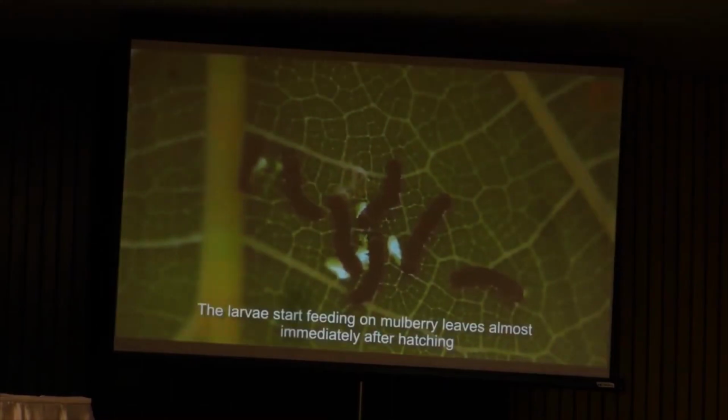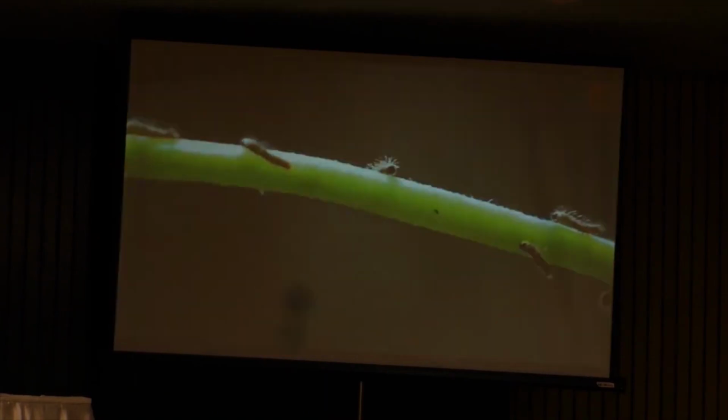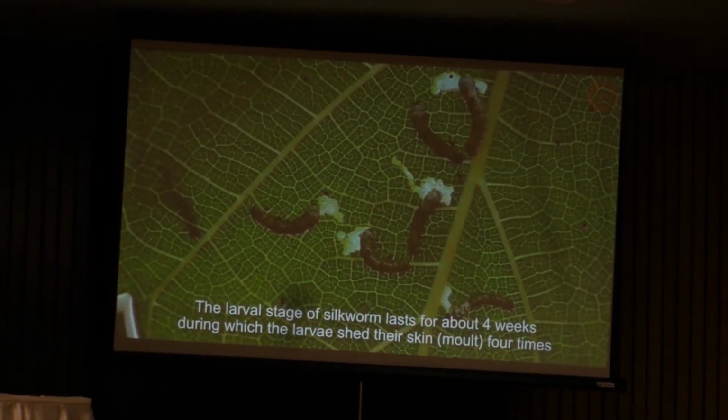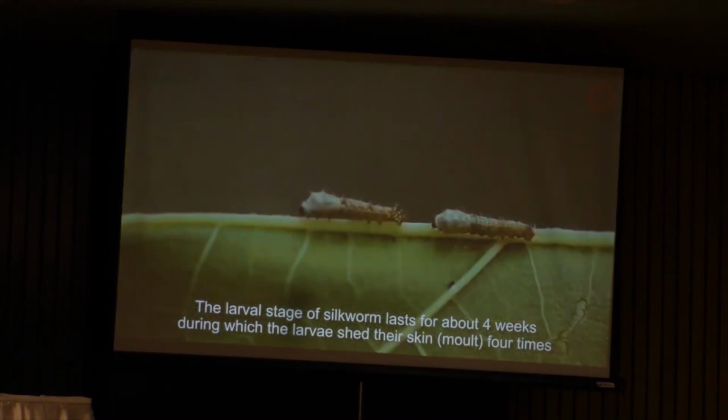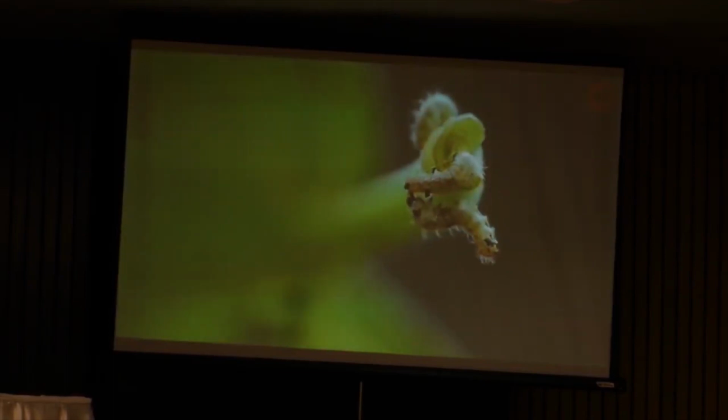The larvae start feeding on mulberry leaves almost immediately after hatching. The larval stage of silkworm lasts for about 4 weeks, during which the larvae shed their skin 4 times. The process of shedding the old skin is termed as molting.